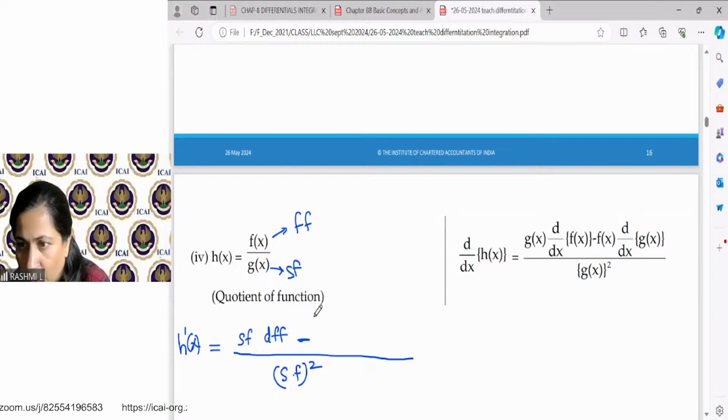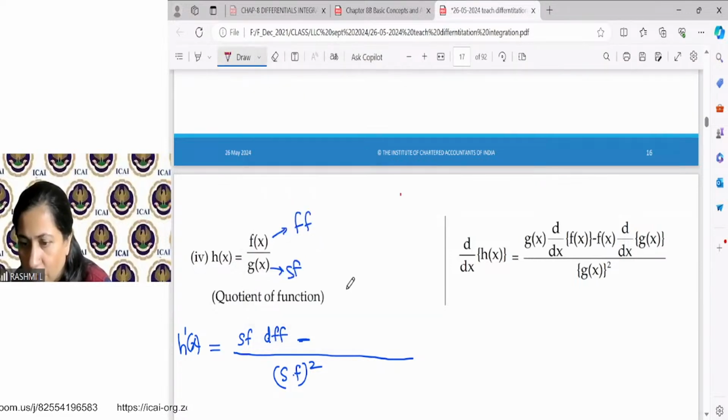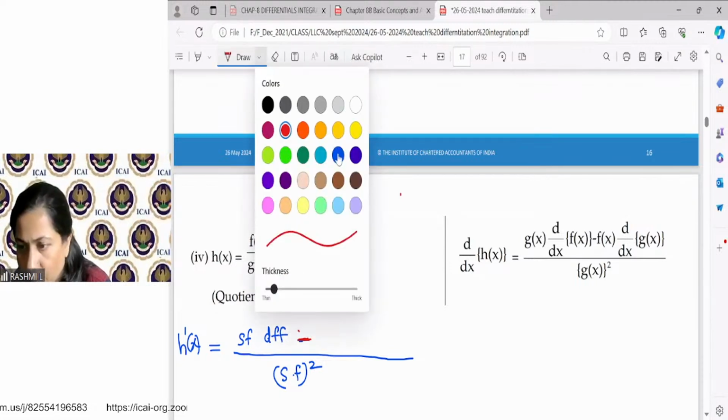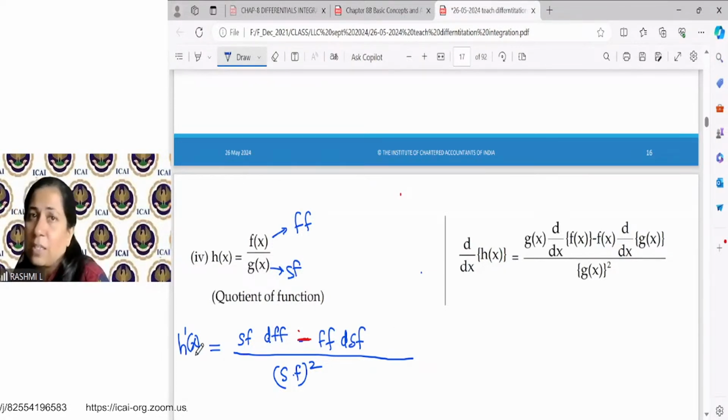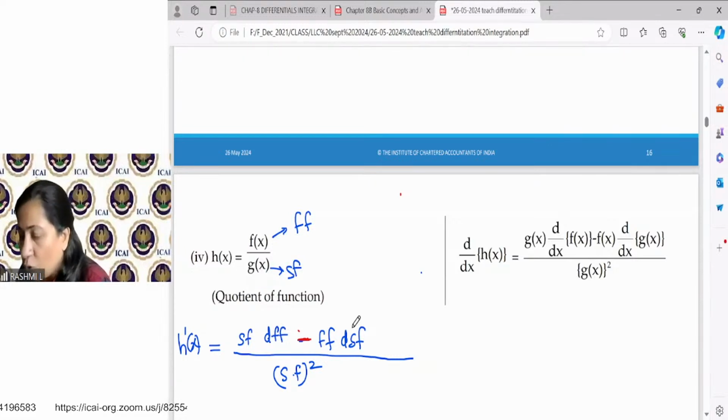This is a very important thing, because earlier we were talking about plus, here it is a minus sign. So when the function is a division of two functions, its derivative is given by second function whole square in the denominator, and in the numerator, second function into derivative of first minus first function into derivative of second. If you've understood, just put it in the chat box.